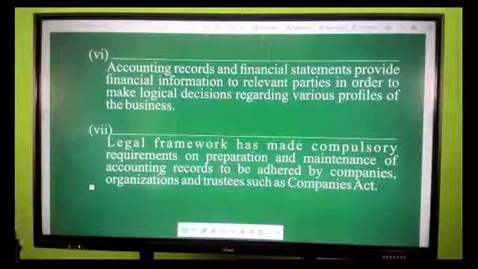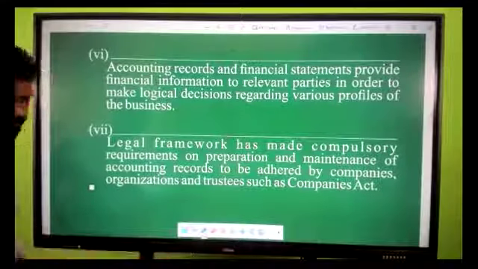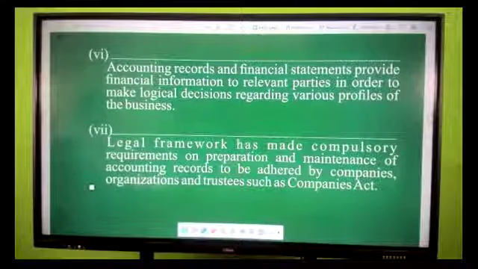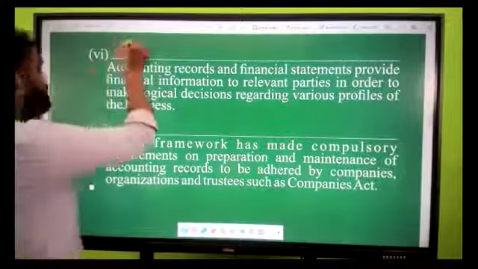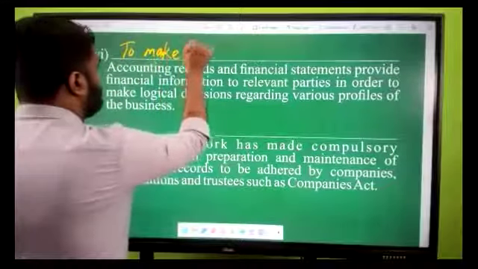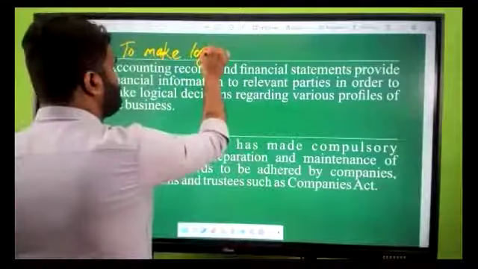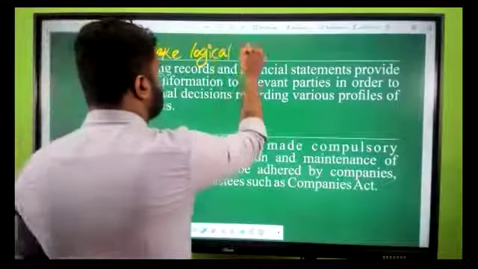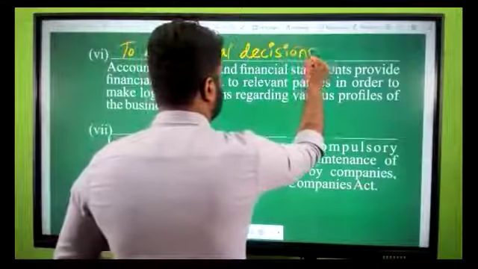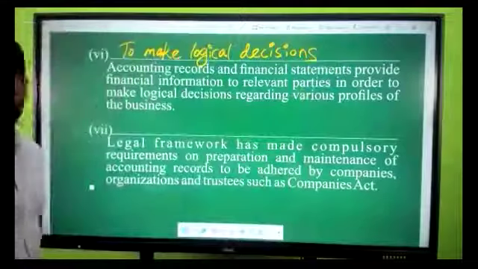Right, number six. To make logical decisions.